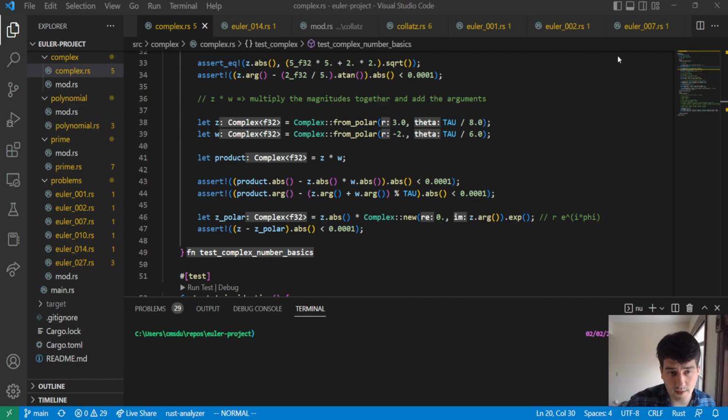And omega squared is equal to something.